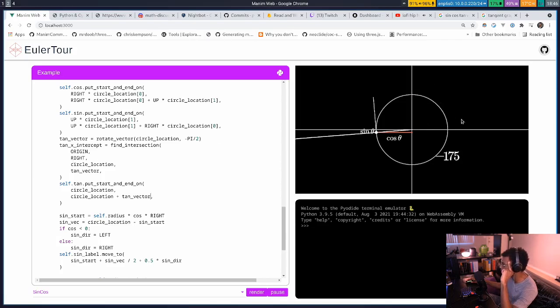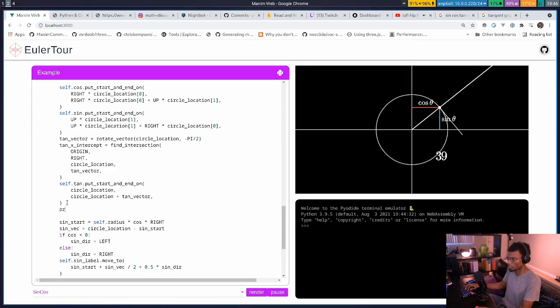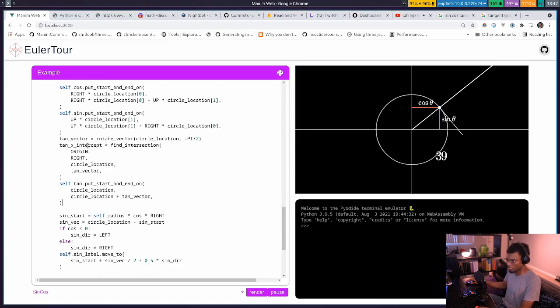Okay, that should give me the intersection of the x-axis and this vector, hopefully. Maybe I should just print this. Wait, where is it? It's so much slower than them.